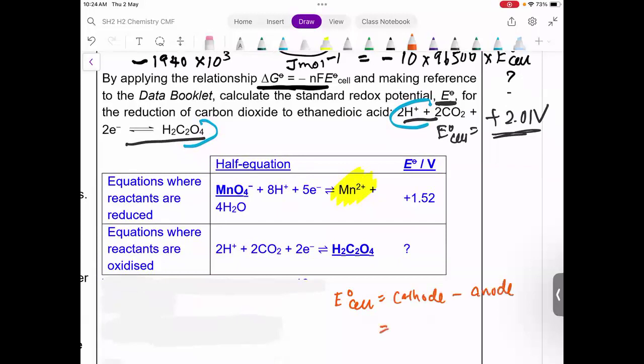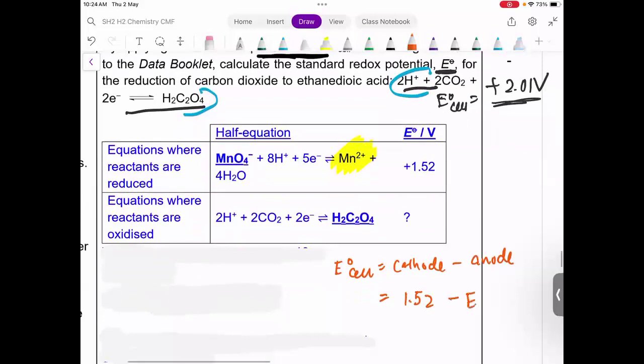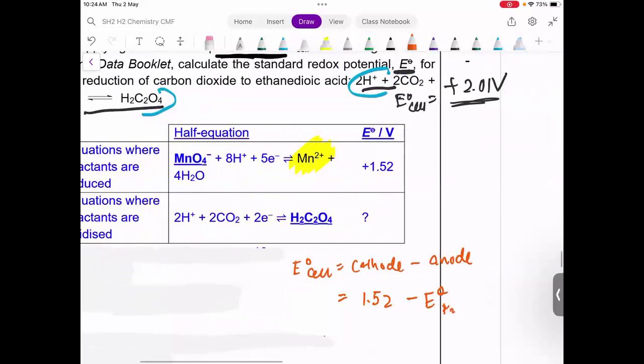So it will be plus 1.52 minus the E naught of carbon dioxide to ethane dioic acid. This is the positive 2.01. Then you just rearrange the equation and you should be able to get the answer.